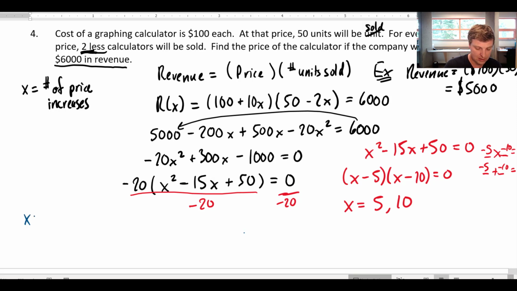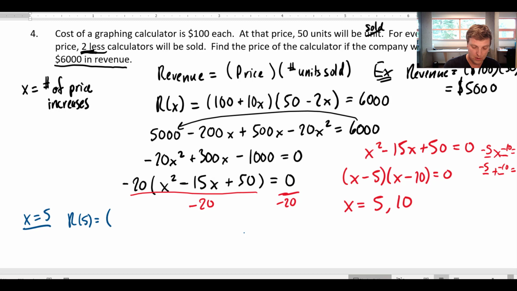So imagine x equals 5. Then my revenue, R of 5, would just be 100 plus 10 times 5, so that's 150, times 50 minus 2 times 5, which is 10, so it'll be 150 times 40. And 150 times 40 is 6,000. So that one works.